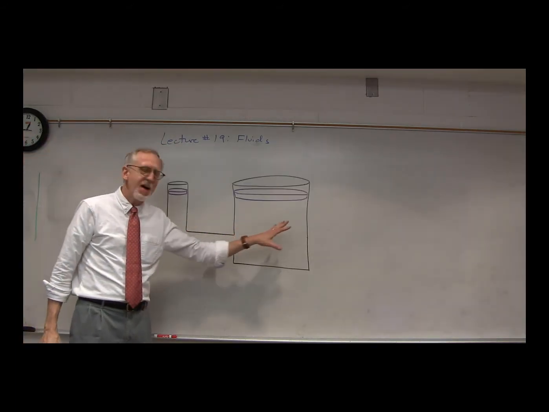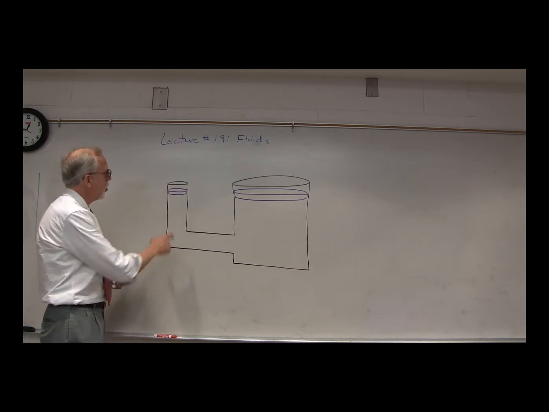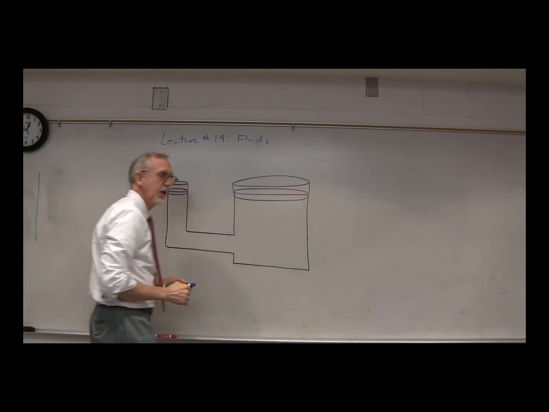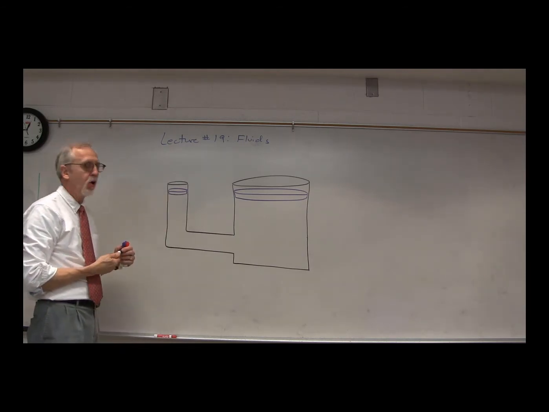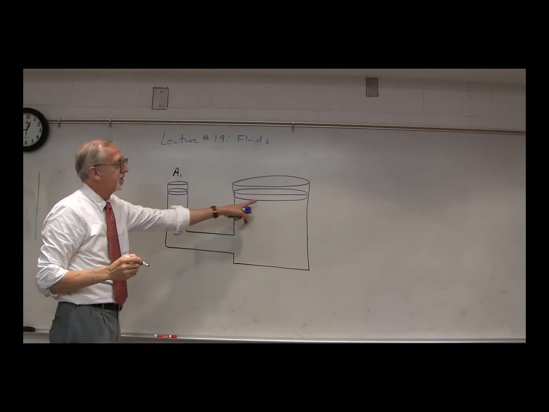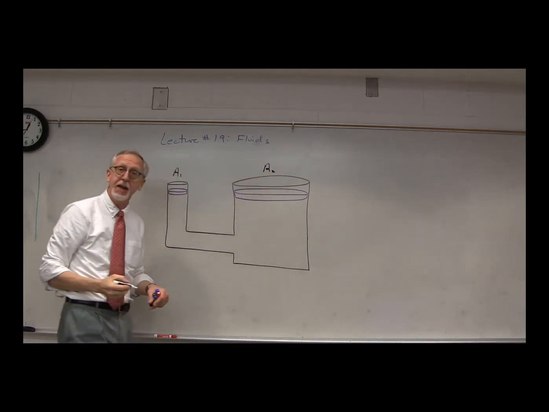Let's imagine we have kind of this odd U-shaped tube here where we have one narrow opening here and one wider opening here. Let's imagine that this narrow opening has some cross-sectional area A1, while this larger opening has some larger cross-sectional area. We'll call it A2.